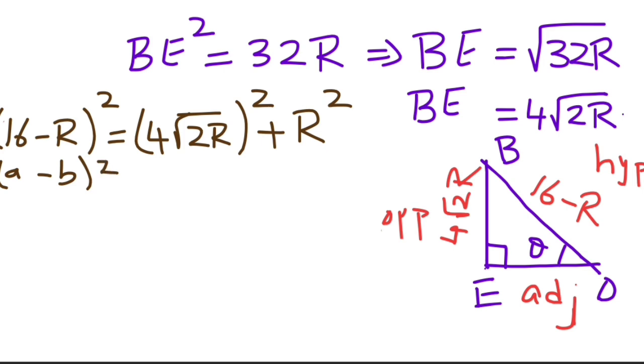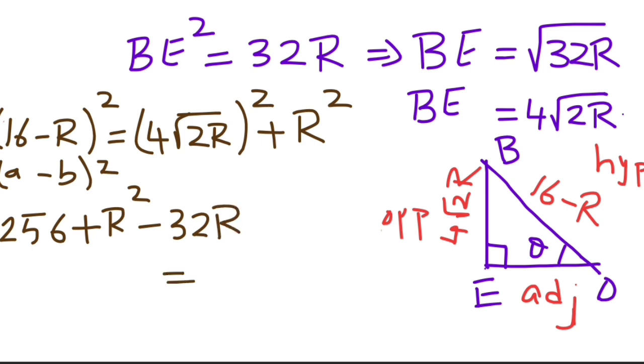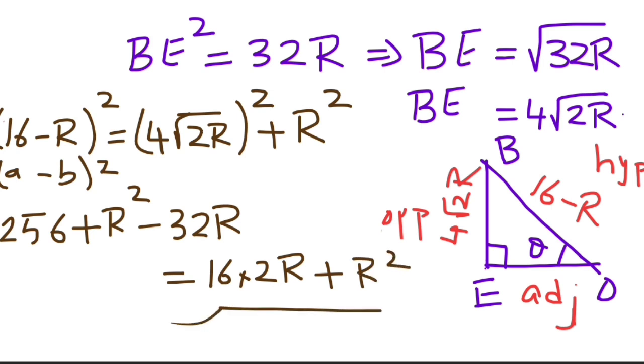So that is a square, which is 16 square, that is 256, plus r square minus 2ab, that means 16 times 2, which is 32r, that is equal to (4 root 2r) whole square, which gives 16 times 2r, plus r square. If you send the right hand side to the left hand side, then it becomes minus 16 times 2r, and this also minus r square, that is equal to 0.